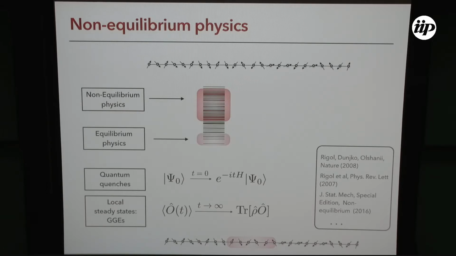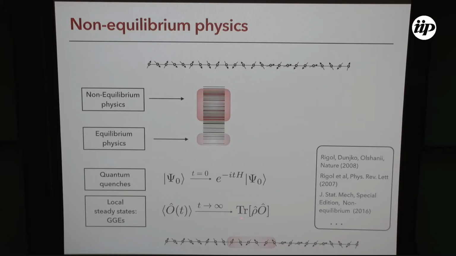The evolution is unitary, so the whole system doesn't relax. There is no thermalization for the whole system. But if you focus on a subpart of the system, namely on correlation functions of local operators, you may see some thermalization. You may see that there is some effective local statistical ensemble that well reproduces the expectation value of correlations at large times.